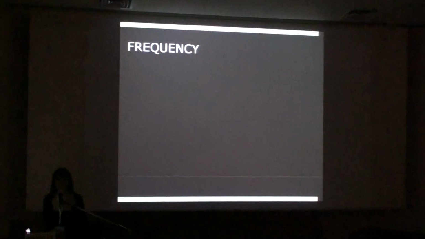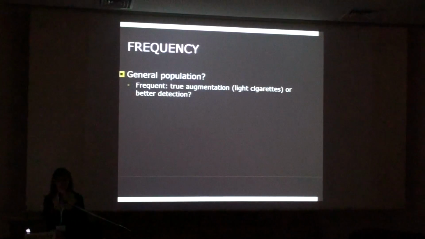So what about the frequency? In the general population, we don't know exactly how frequent these nodules are, but we can say from our daily practice that it's quite frequent, and we don't know if we currently have a true augmentation due to light cigarette smoking, or if we detect these lesions better now that routinely we have millimetric slices for our CT acquisitions.